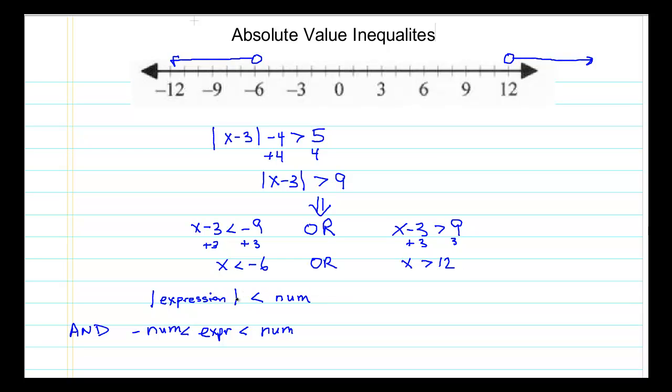And if there had been anything added or subtracted to the absolute value, we would have moved that to the other side before we solve.